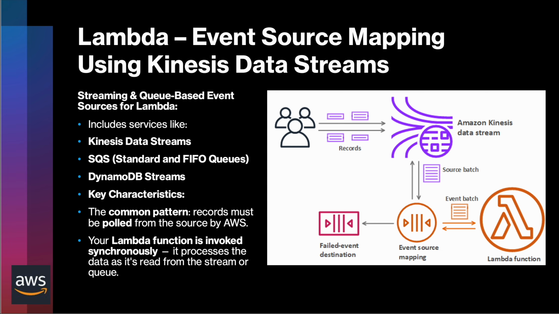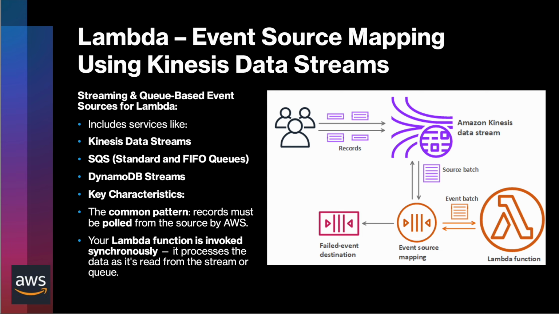This is the last category of how Lambda can process events in AWS. It applies to Kinesis data streams, SQS and SNS, SQS FIFO queues, first in first out queues, and DynamoDB streams.